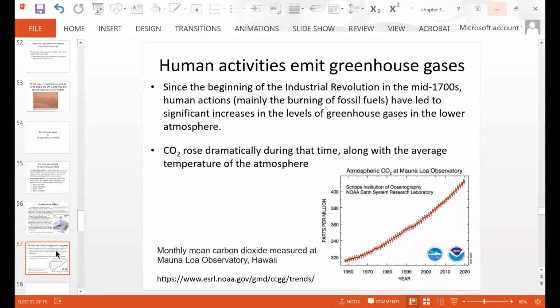Carbon dioxide rose dramatically during that time, along with the average temperature of the atmosphere. This graph here shows you data collected at the Mauna Loa Observatory in Hawaii. And it shows the monthly mean carbon dioxide that was measured at the observatory.